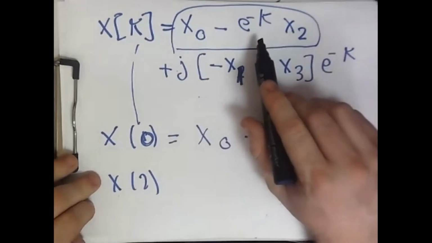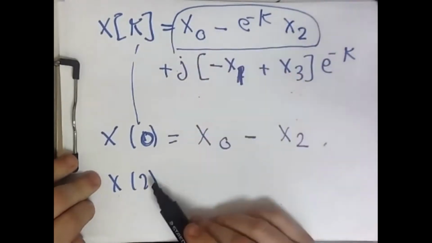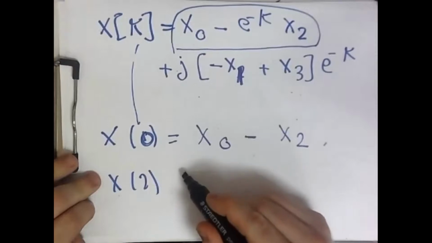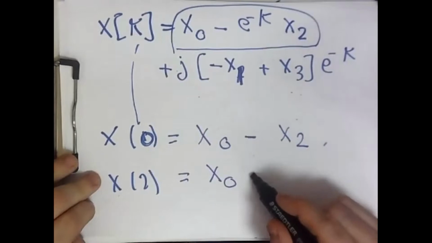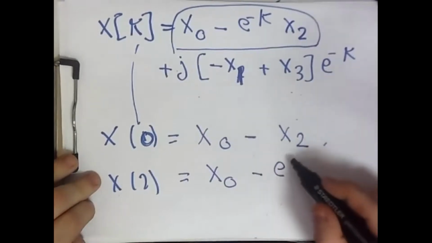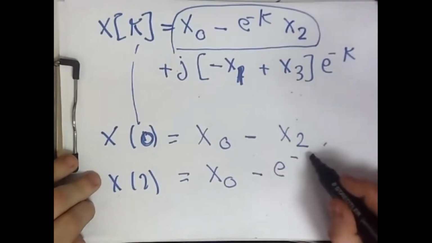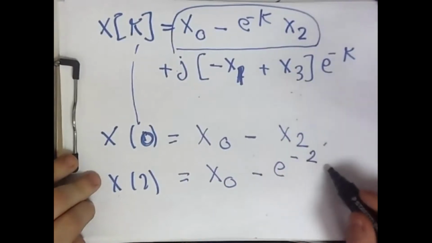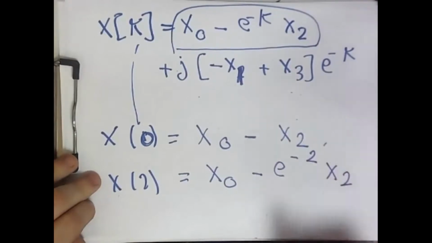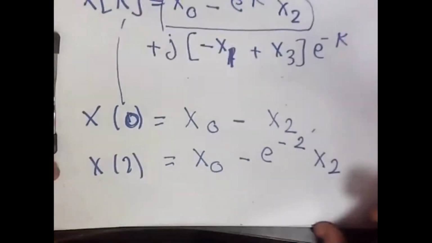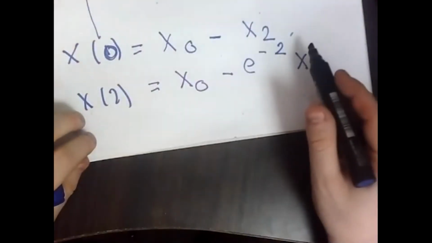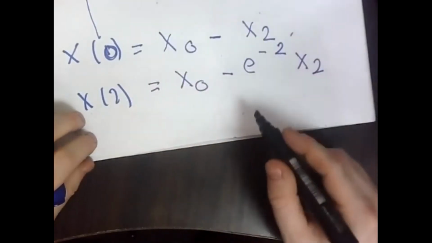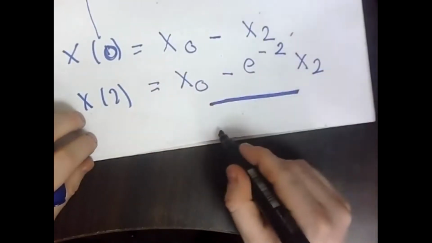For k equals 2, you will get x0 minus e power minus j 2 pi x2, and you can convert this into something like that.